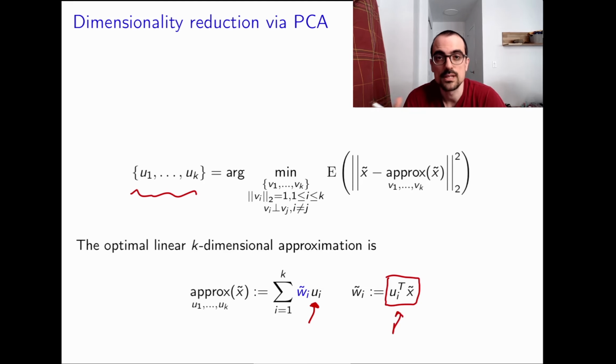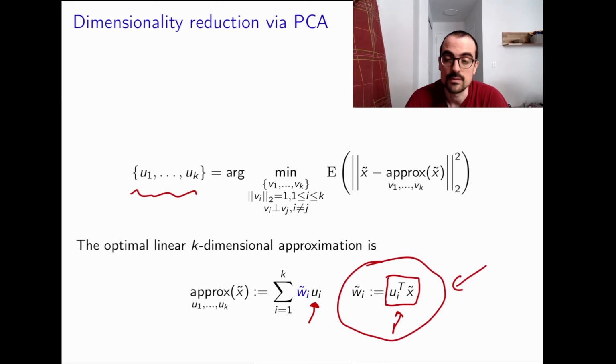The first principal component, second principal component, and so on and so forth. What we're actually going to use to represent the data are the principal components. Okay, so the first k principal components is what you would use.